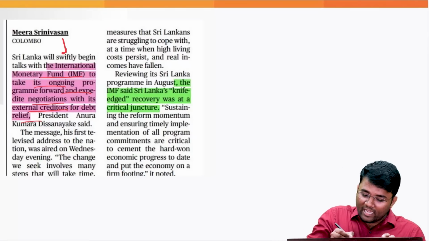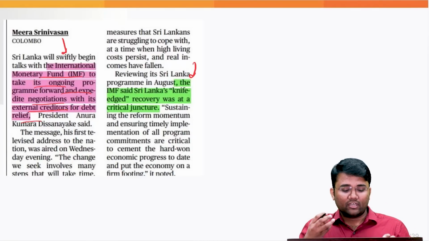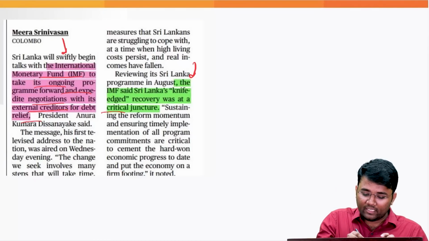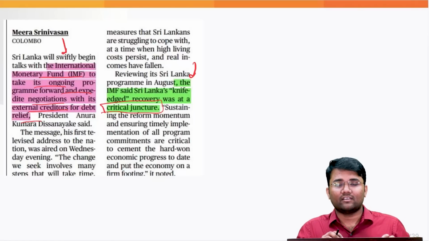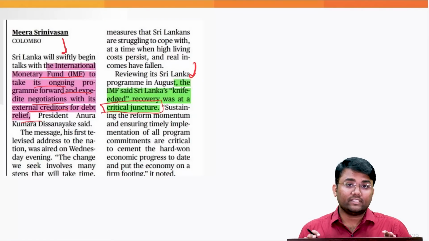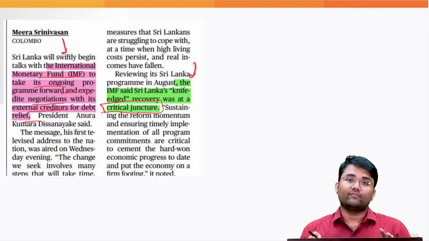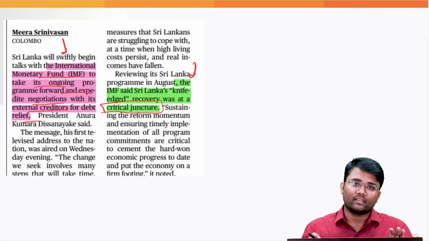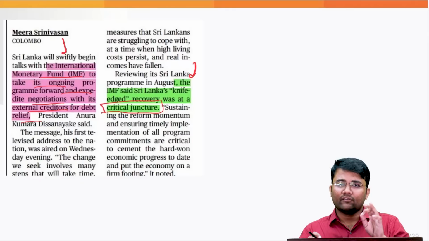The IMF has also said that Sri Lanka is on a knife-edge recovery and is at a very critical juncture. As you would know, Sri Lanka has seen an economic crisis, particularly after COVID-19, when tourism decreased, and Sri Lanka's revenue was mainly dependent on tourism in the past few years.